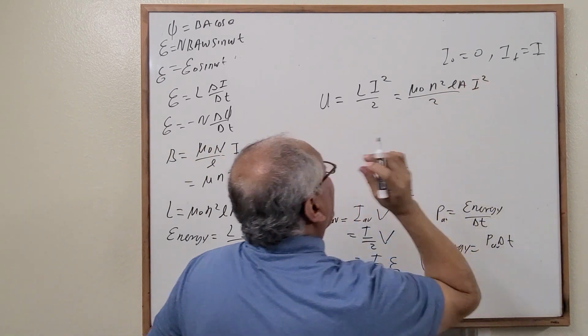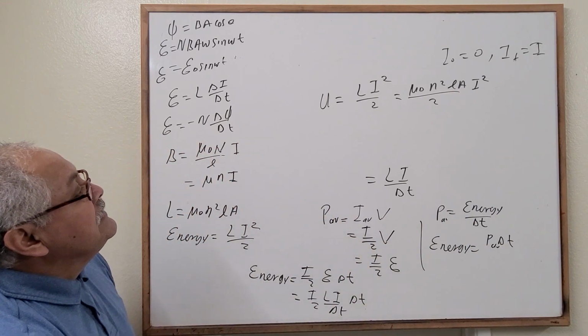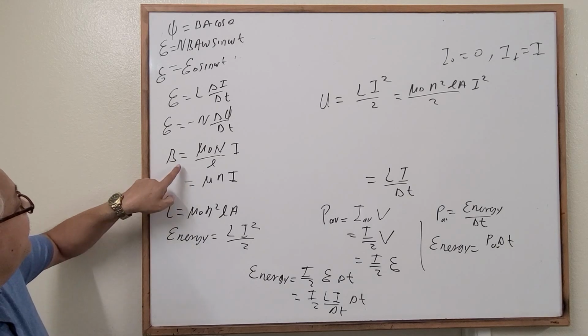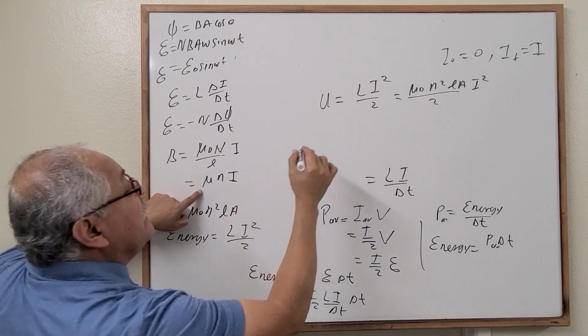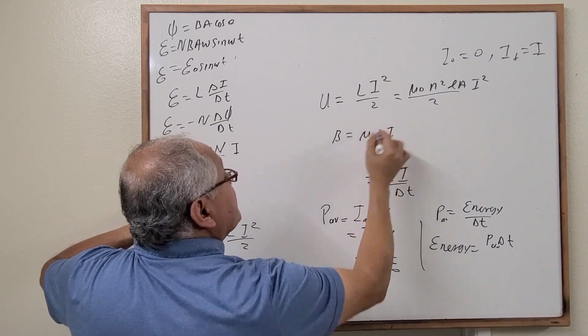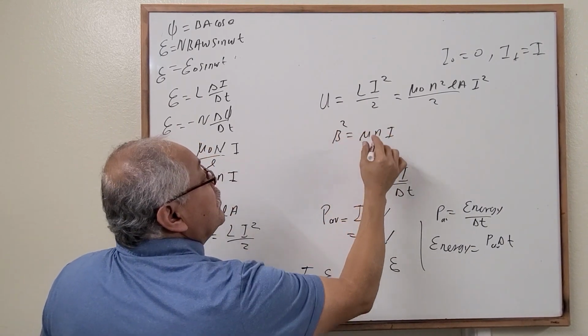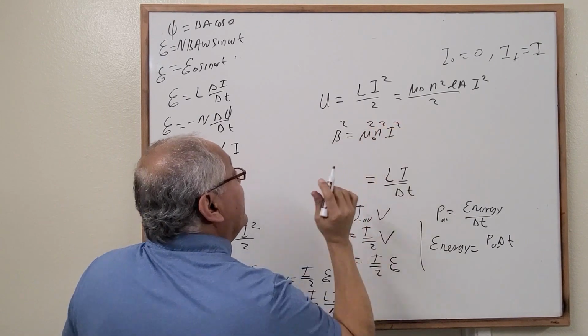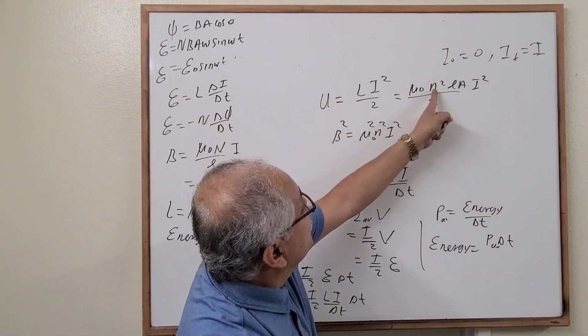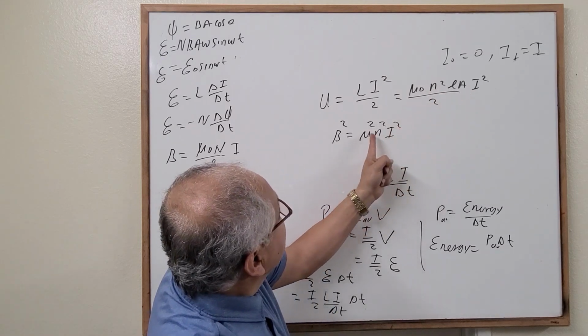But also, look, the magnetic field is equal to mu n current. If we take the square, it's going to be n squared I squared. But look, we have already n squared I squared here, but this is what?